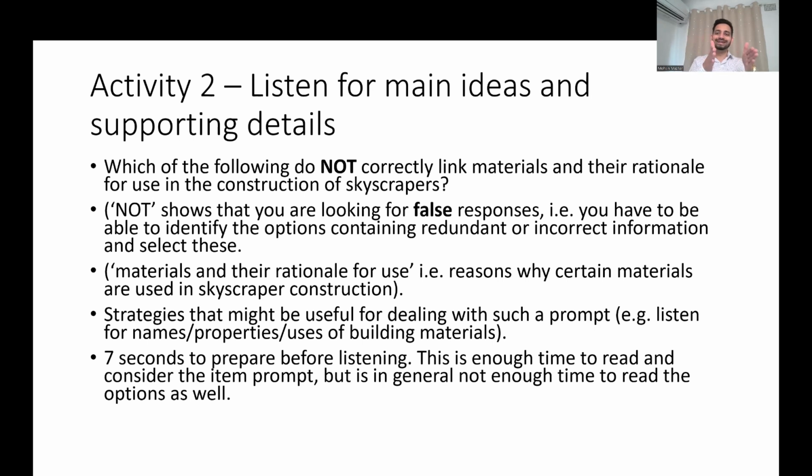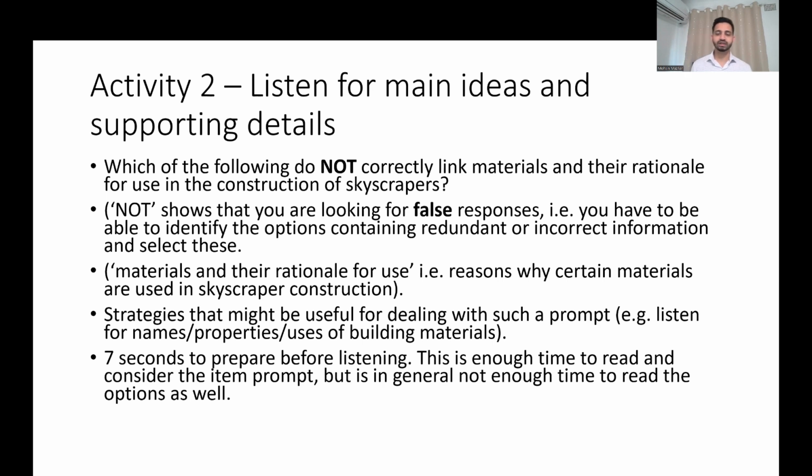We are looking for the link of materials and their rationale for the use of construction of skyscraper, which is do not correctly link. Okay, do not means we are looking for the false statements. All right, not shows that we are looking for false responses. So whatever is true, we shouldn't choose that as a correct answer, right?